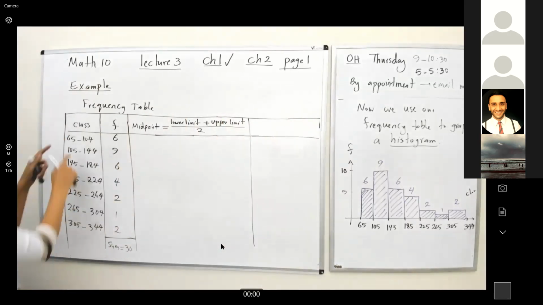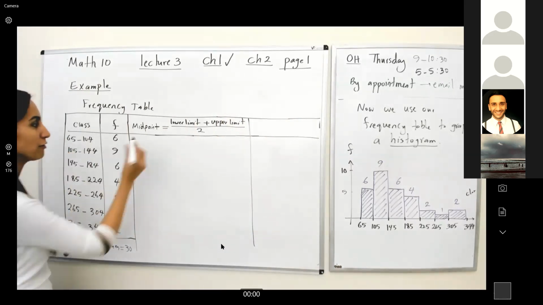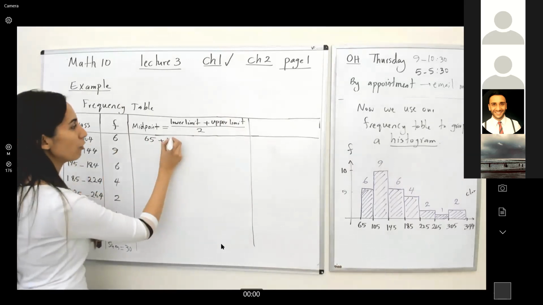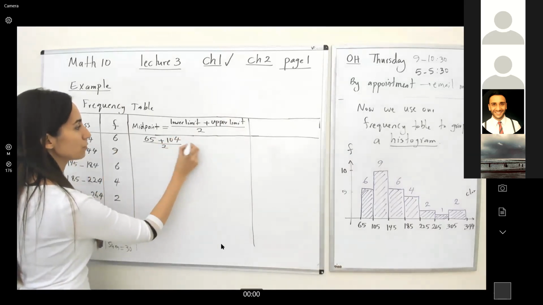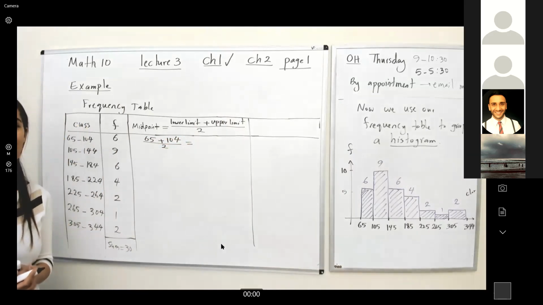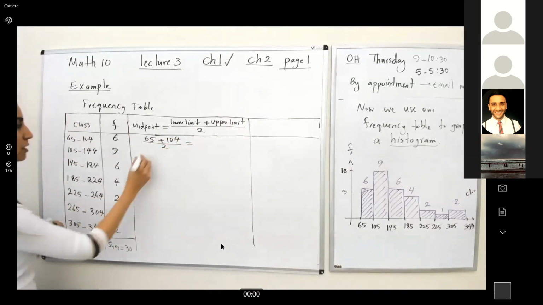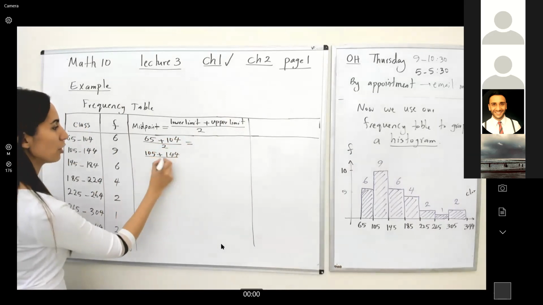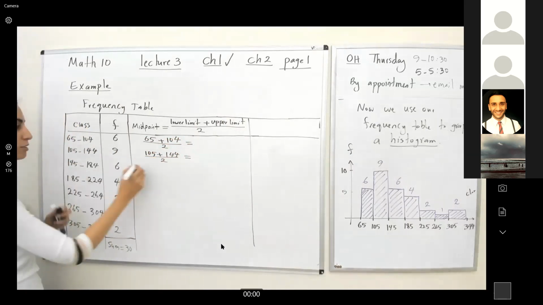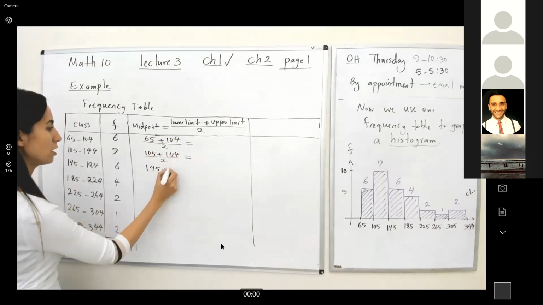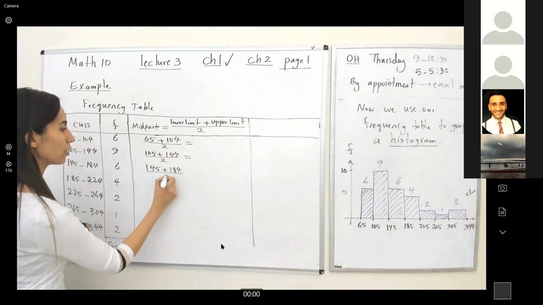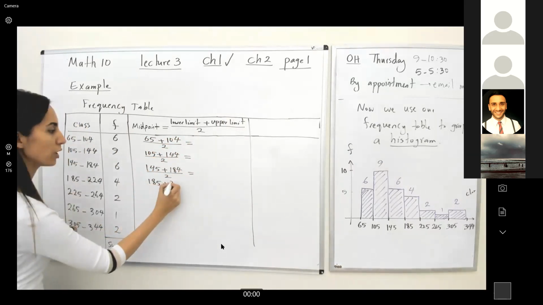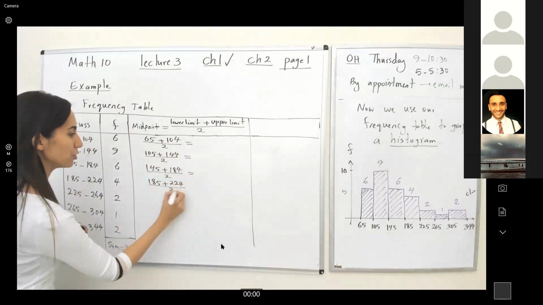Okay, the lower limit of the first class is 65. The upper limit of the first class is 104 divided by 2. Again, you have to do a little bit of algebra. For the second class, you have 105 plus 144 divided by 2. For the third class, you have 145 plus 184 divided by 2. Next class, 185 plus 224 divided by 2.